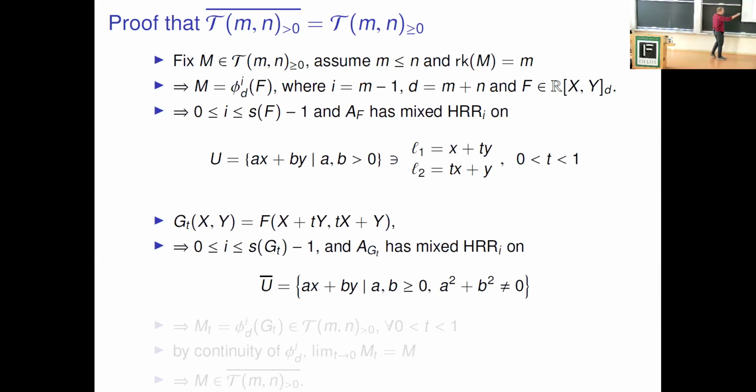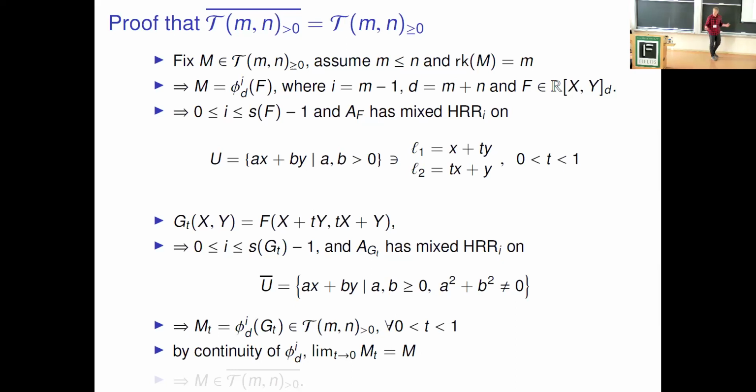Well, this is how. I could just take phi ID of GT. Here's MT, that's totally positive Toeplitz. And if I take the limit as T goes to 0, GT goes to F. But phi ID is linear, so it's continuous. So the limit of MT is equal to M, and M is in the closure. So it's kind of a weird little application of Hodge-Riemann to Toeplitz matrices.